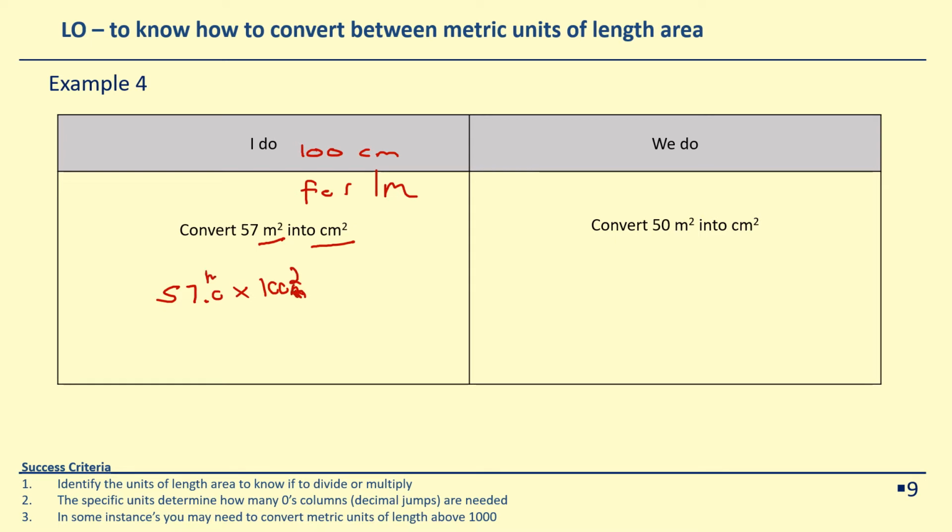If we multiply, we need to jump to the right. 1, 2. So it's going to be 5,700, sorry, 7,000 centimeters squared.